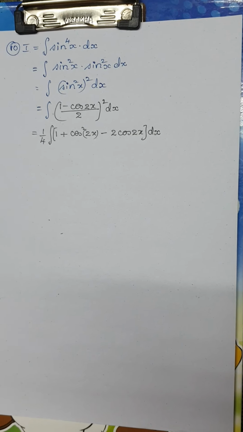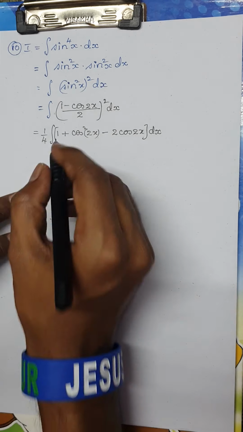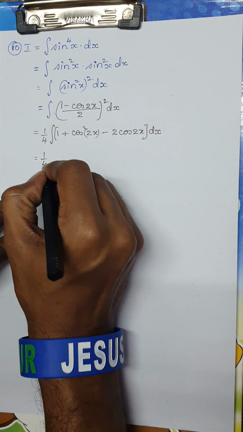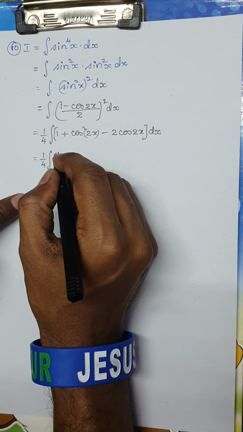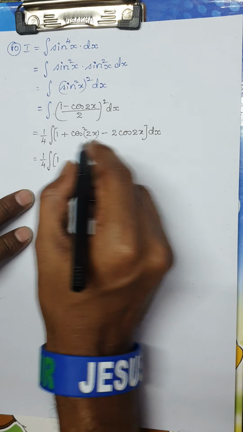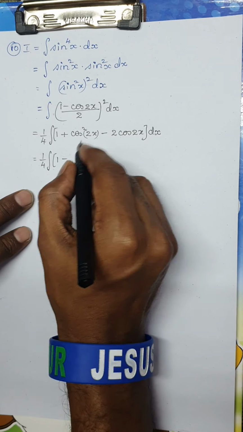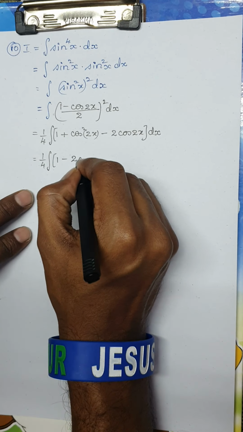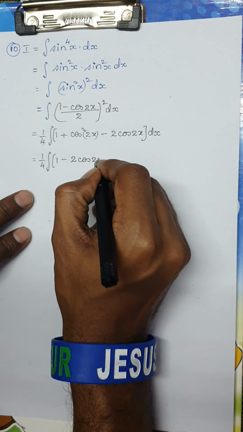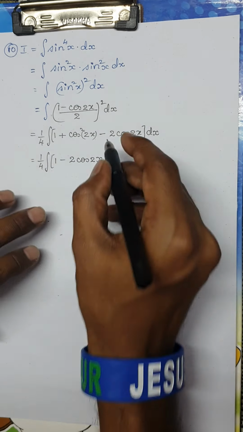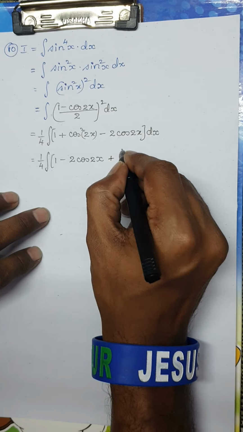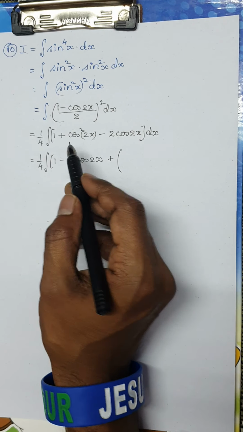Now see what I can write here. This can be written as 1 by 4 into the integral of, let me keep this 1 as it is. Now I will write this cos 2x as it is, because you can easily integrate this function cos 2x. This cos square theta is of the form cos square theta.